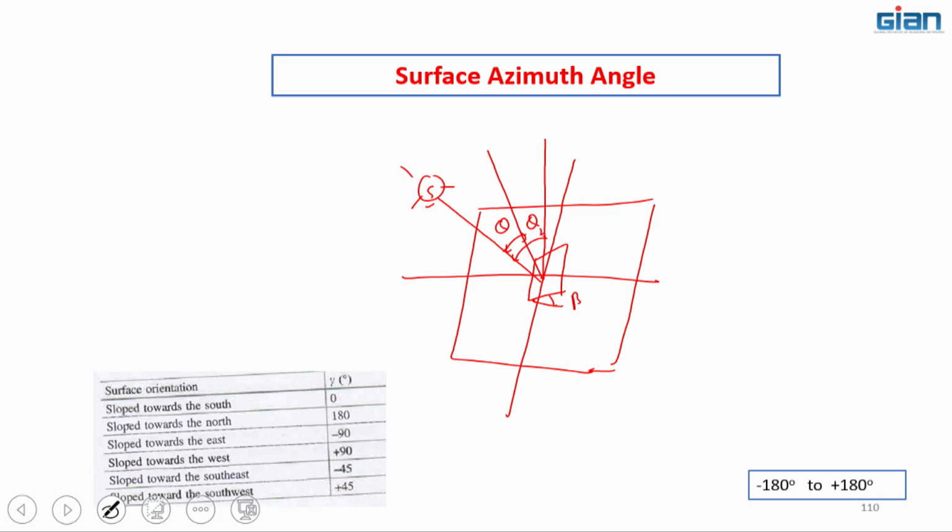This is the normal to the inclined surface, because it is at a certain beta, and this is the normal to the horizontal surface.